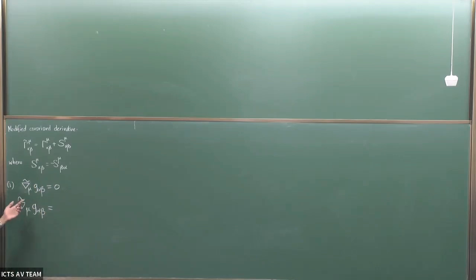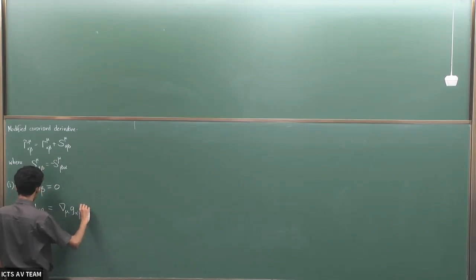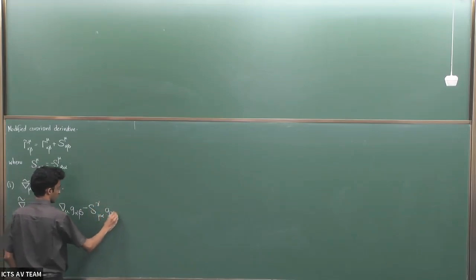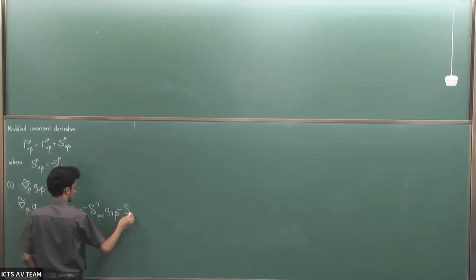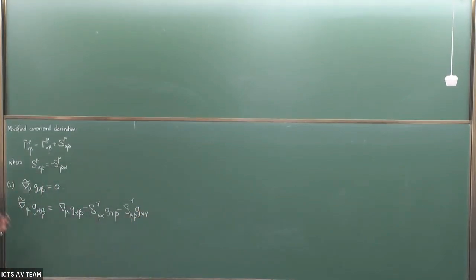Now gamma tilde differs from gamma only in the S terms, so you'll just get two additional S terms. This becomes del mu G alpha beta, and then it'll give you a minus S mu alpha gamma G gamma beta minus S mu beta gamma G alpha gamma. You understand what I did?